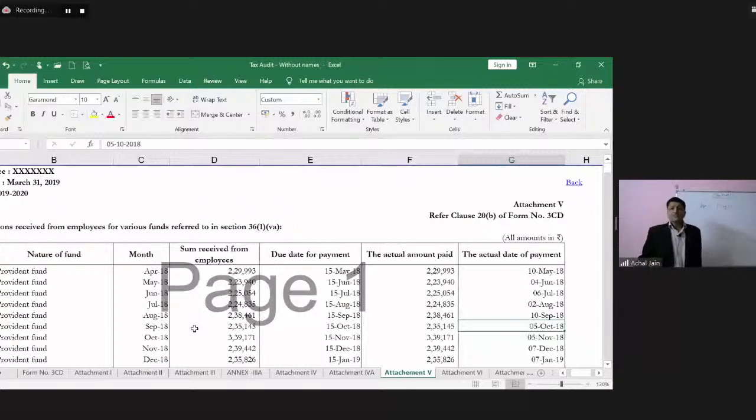For verification of actual payment, the auditor would need to verify the challans. So from the bank statements of the company, he may verify that these amounts have been paid, and also he can refer to the challans, which will also reflect the date on which the payment has been made, and that should be the date captured over here.